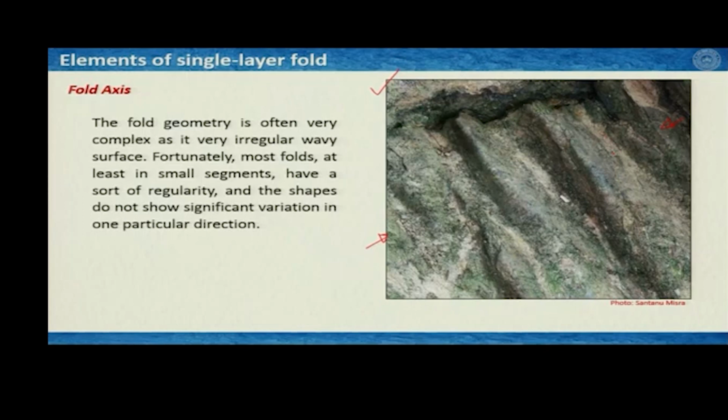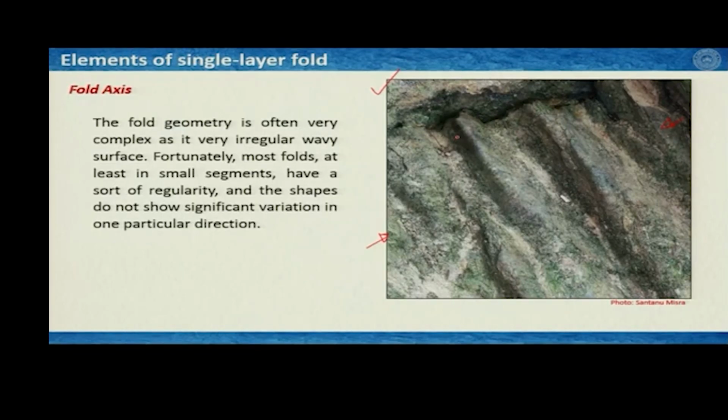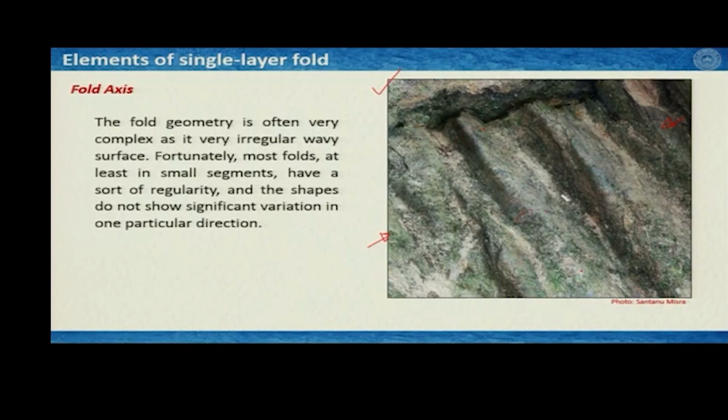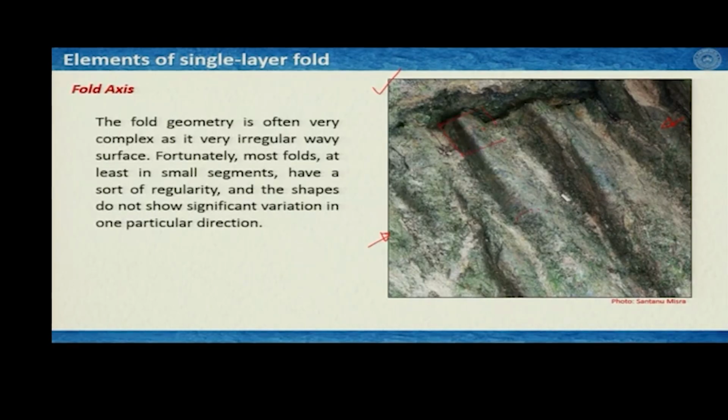If I measure the interlimb angle here, and if I measure the interlimb angle here, these two would be very different. So, on a single folded surface, the interlimb angle is changing. Here I have a very distinct fold, and here the fold has almost disappeared.